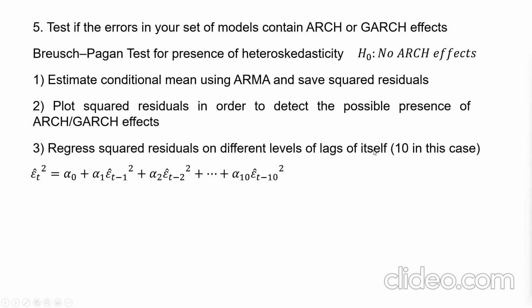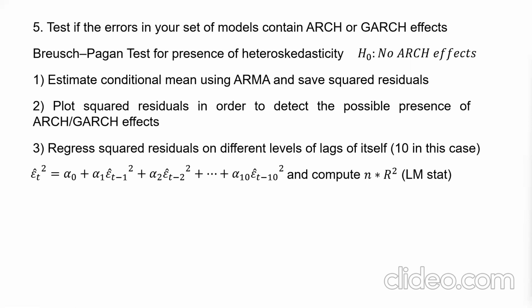Okay, so it's not regressing it to 10 lags of itself, it's regressing it by 1 lag. So e_t squared equals alpha 0 plus alpha 1 e_{t-1} squared. So we do this regression and we capture this Lagrange multiplier statistic, which is the number of observations times the R square of this regression.